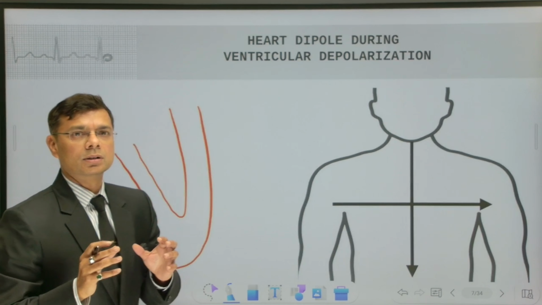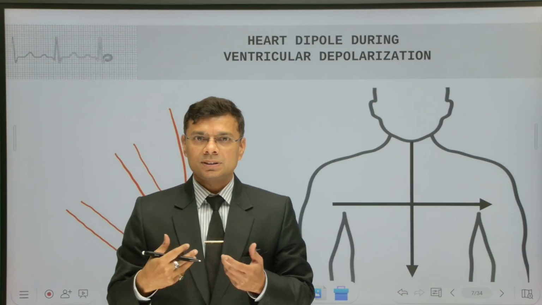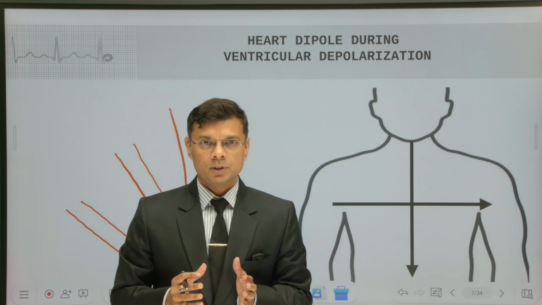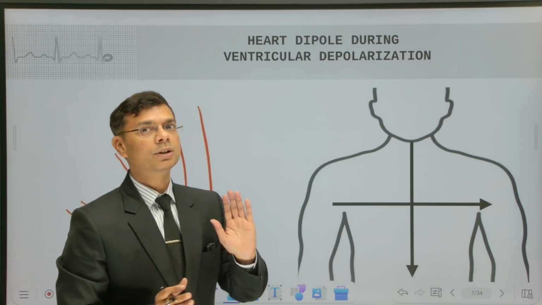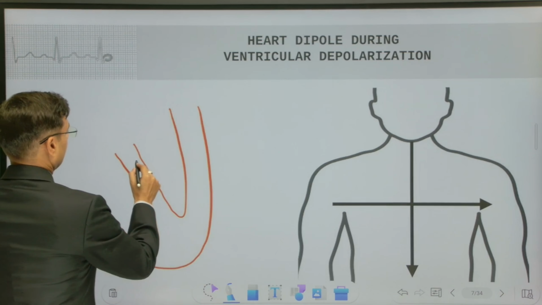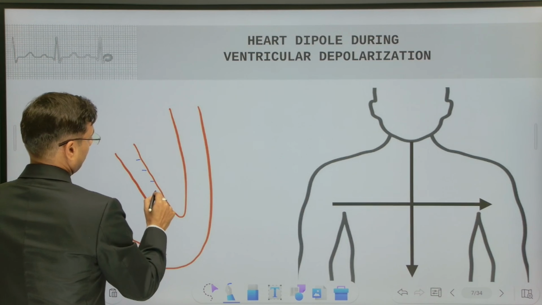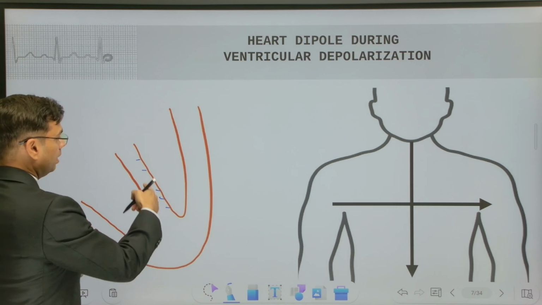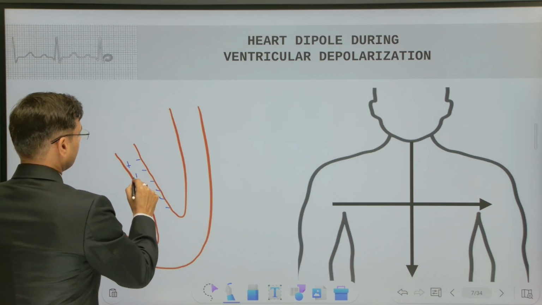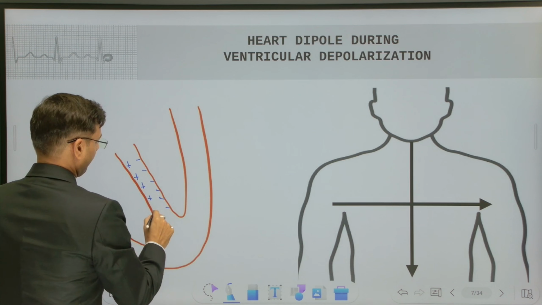when depolarization or impulse comes in the septum, first of all, the septal part of the left side will depolarize. So I can just make this left side depolarized. Means outside charges are negative and inside charges are still positive.